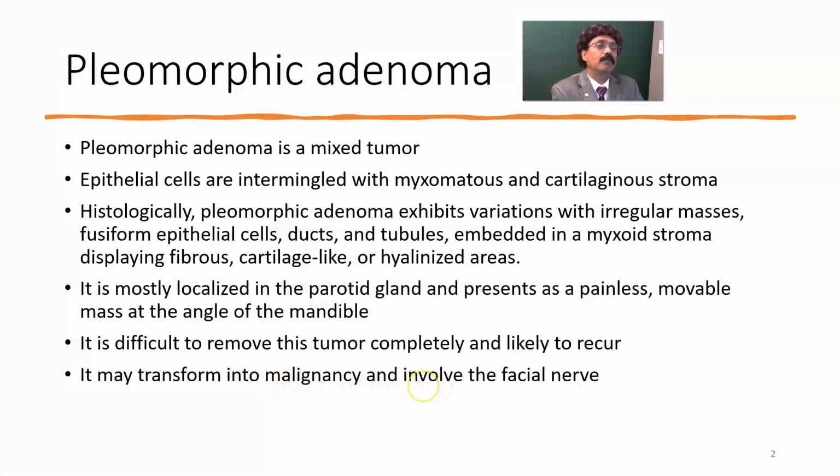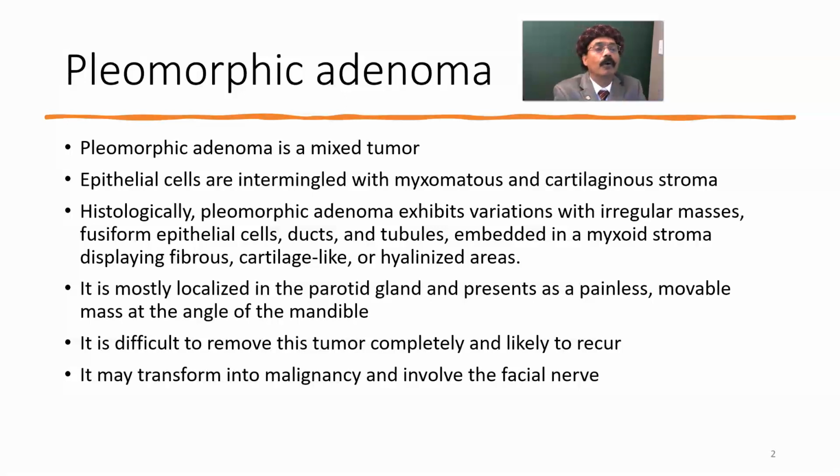The facial nerve is very important in all types of parotid gland tumor because, once it comes out of the cranial cavity through the stylomastoid foramen, it gives five branches: the temporal, zygomatic, buccal, mandibular and cervical branches.